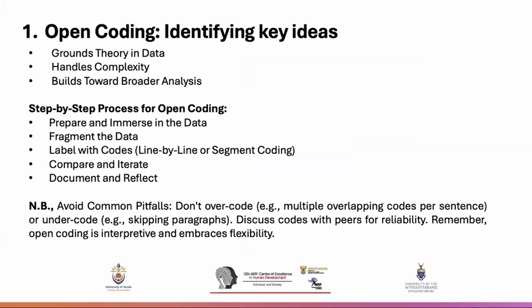Remember, when we talk of qualitative data, we're talking about volumes and volumes of data. This data is textual, meaning that you have to do a whole lot of reading to be able to understand. So open coding allows you to handle such volumes of data, and this is where you will be able to build towards a broader analysis.